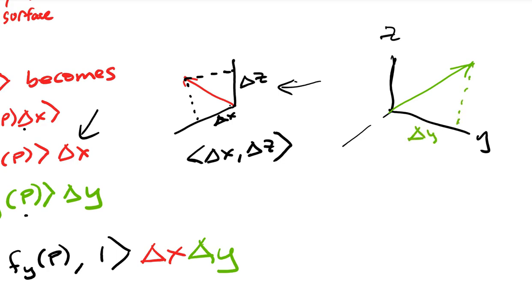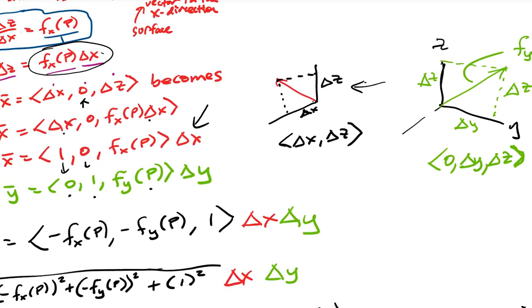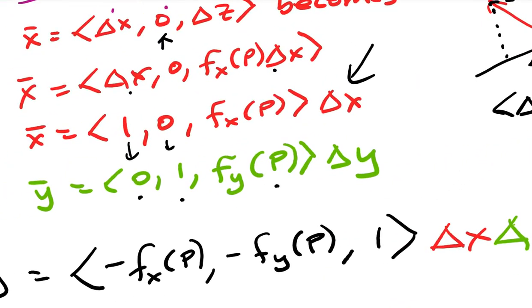This is delta y, this is delta z, and so the vector there is 0 in the x direction, delta y, and then delta z. That's how that one's formed, right? Because this is delta z. And then the same business works. This is f sub y at p, and then you work it out.